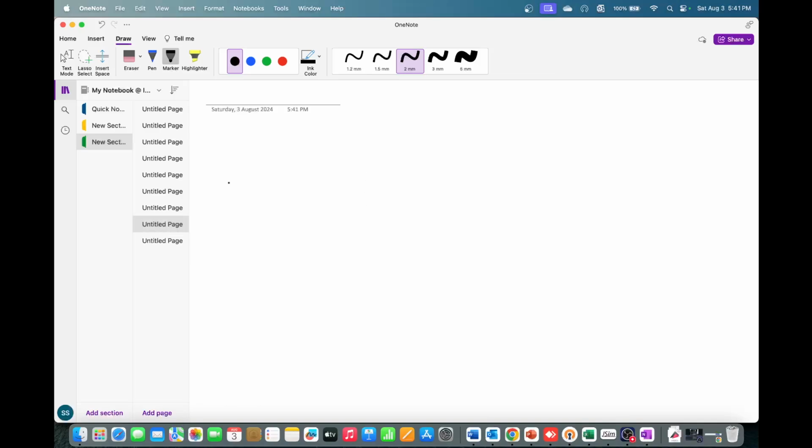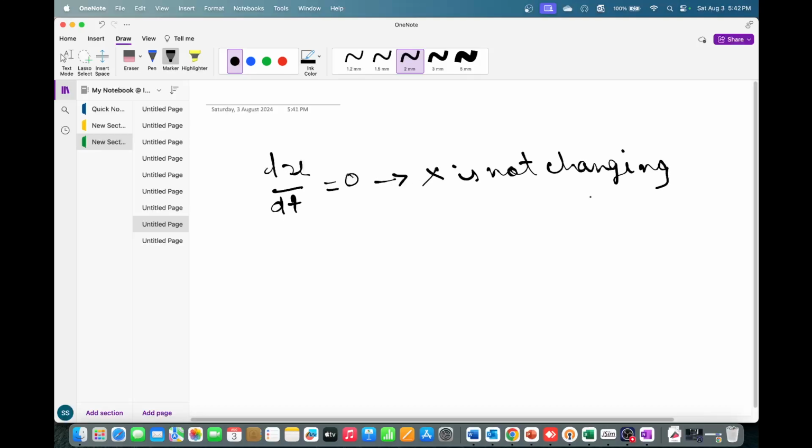So what does dx/dt equal to 0 mean? dx/dt equal to 0 means x is not changing with respect to time. Same, dy/dt equal to 0 means y is not changing with time.